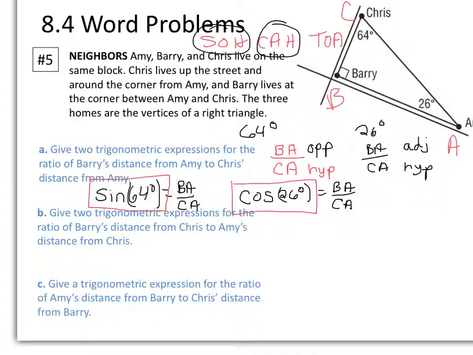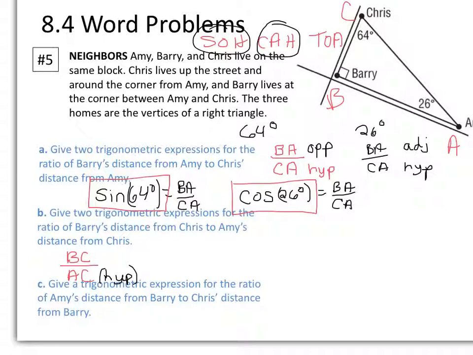Okay, question B. Give 2 trig expressions for the ratio of Barry's distance from Chris. So we're looking at BC and the ratio of BC to Amy's distance to Chris, or AC. All right, so BC is over here, and AC again is the hypotenuse. So no matter what, AC is the hypotenuse.